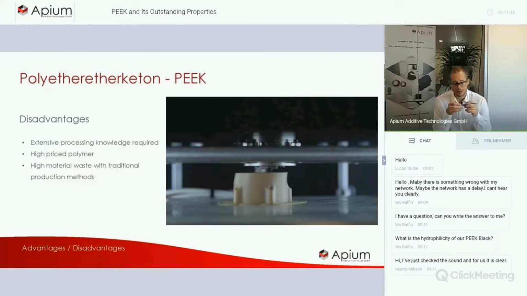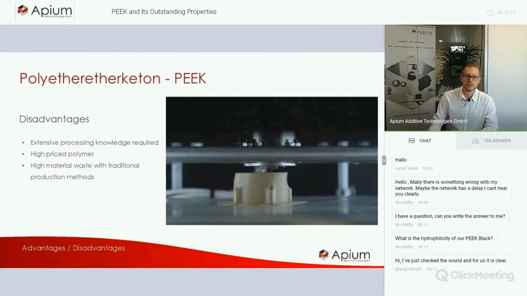There are inner stresses built up when it comes to the extrusion of stock shape material, and even if you mill, you have to consider changing the position when it is fixed on the machine, because it will eventually warp. It is a high-priced polymer as well, and we have high material waste with traditional manufacturing methods.